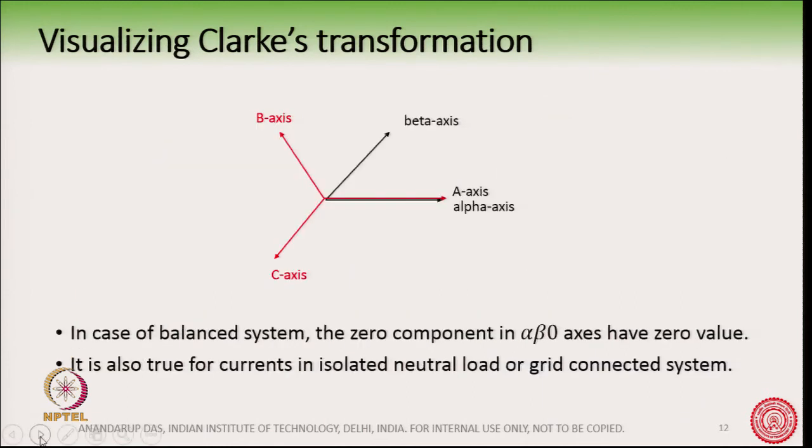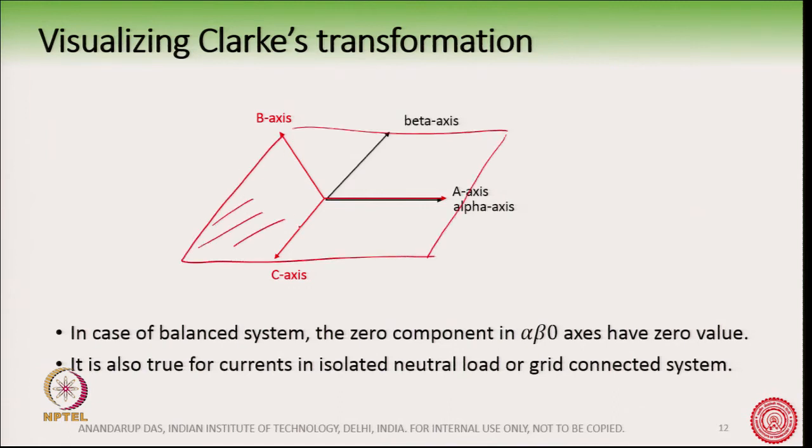As I told you, in case of the balanced system, the 0 component in alpha beta 0 has 0 value. So, what we do is deliberately make all these variables lie in one single plane. So, there is no 0 component.